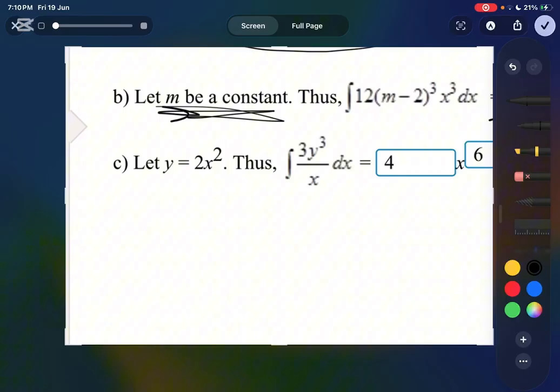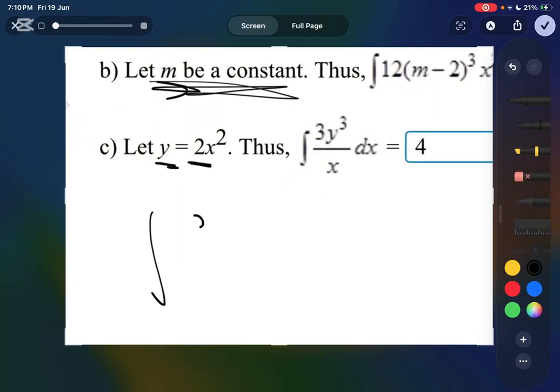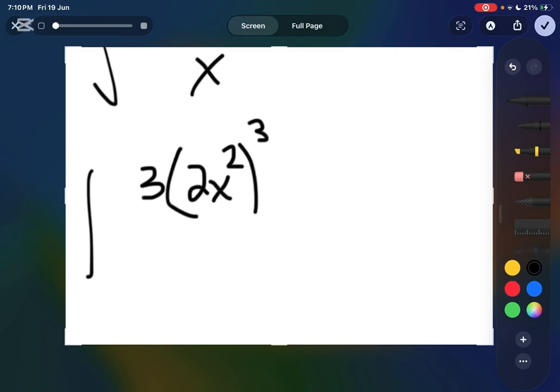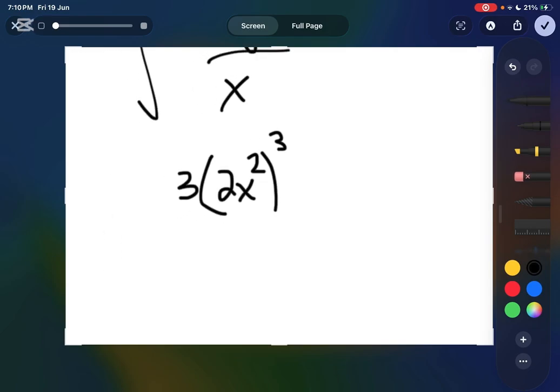Okay, and for the last part, let me just delete all of this here. So for part C, they let y be 2x squared. So basically 3y cubed over x, since y is this, you can replace it. So the integral of 3 times (2x squared) all to the power of 3. Let me remove the integral and just solve it normally.